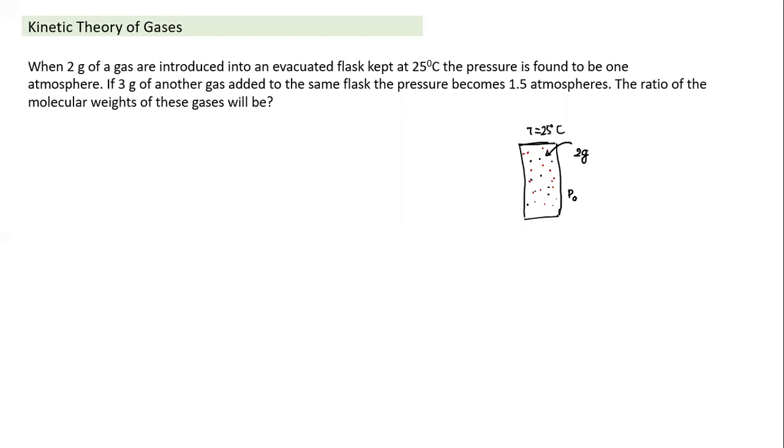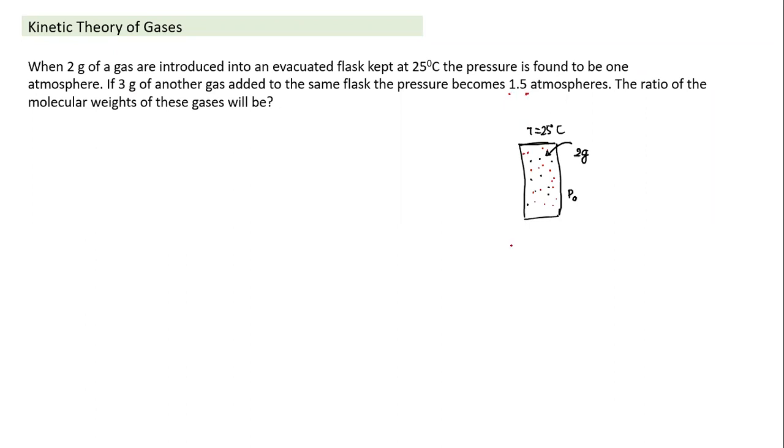So this is something like the law of partial pressure. If two gases are present in a given volume, the resultant pressure is equal to the sum of the pressures if only the first gas was present and only the second gas was present. So what does this mean here? If I introduce 3 grams of the other gas, if the first gas was not there, the second gas would have created a pressure equal to 0.5 atmospheric pressure.